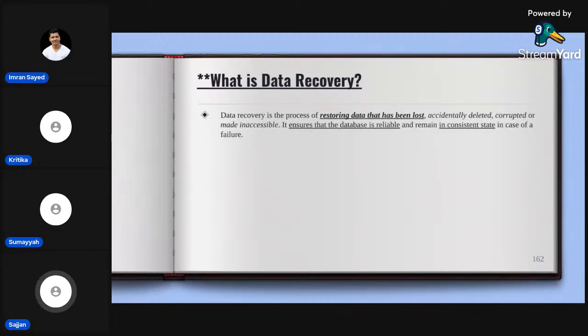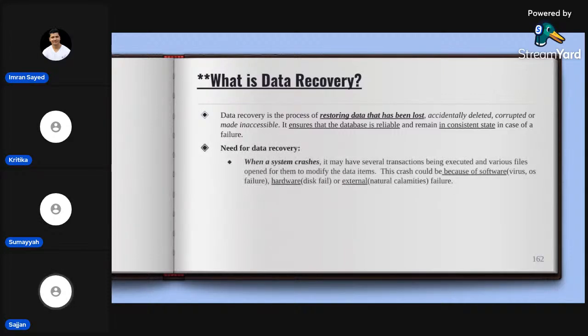What is data recovery? Data recovery is a process of restoring data that has been lost, accidentally deleted, corrupted, or made inaccessible. It ensures that the database is reliable and remains in a consistent state in case of a failure. Need for data recovery. When a system crashes, it may have several transactions being executed and various files open for them to modify the data item.